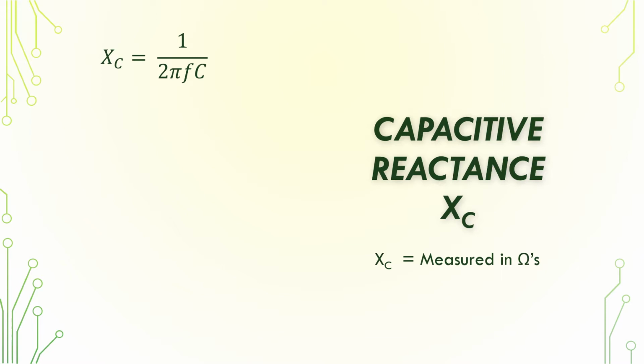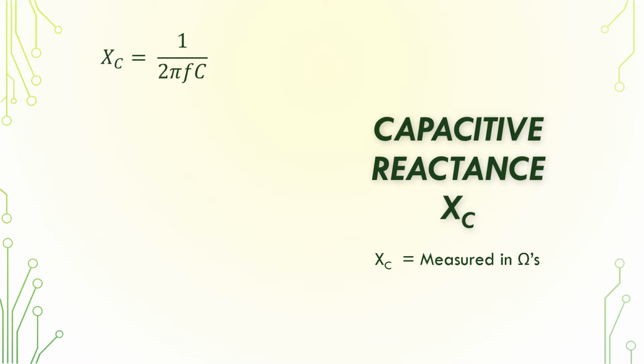Since capacitors store charge or voltage, they don't like any changes in the voltage. As we looked at earlier, a capacitor will store its voltage in the opposite direction to the voltage that's applied to it. Capacitors store the opposite voltage.